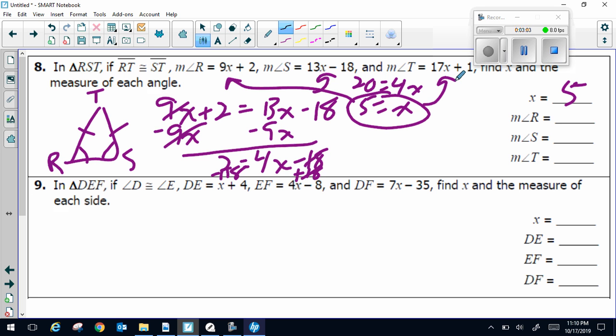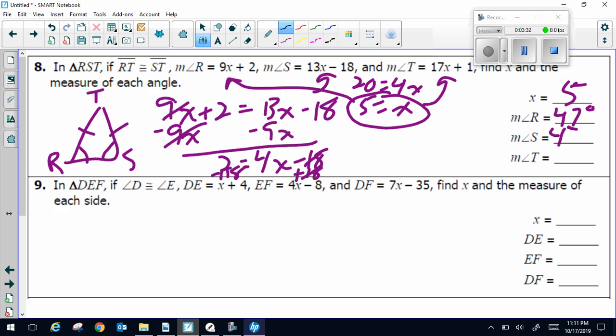So 9 times 5 is 45, plus 2 would give me a 47-degree angle. 13 times 5 is 65. And then 65 minus 18 would give me 47.